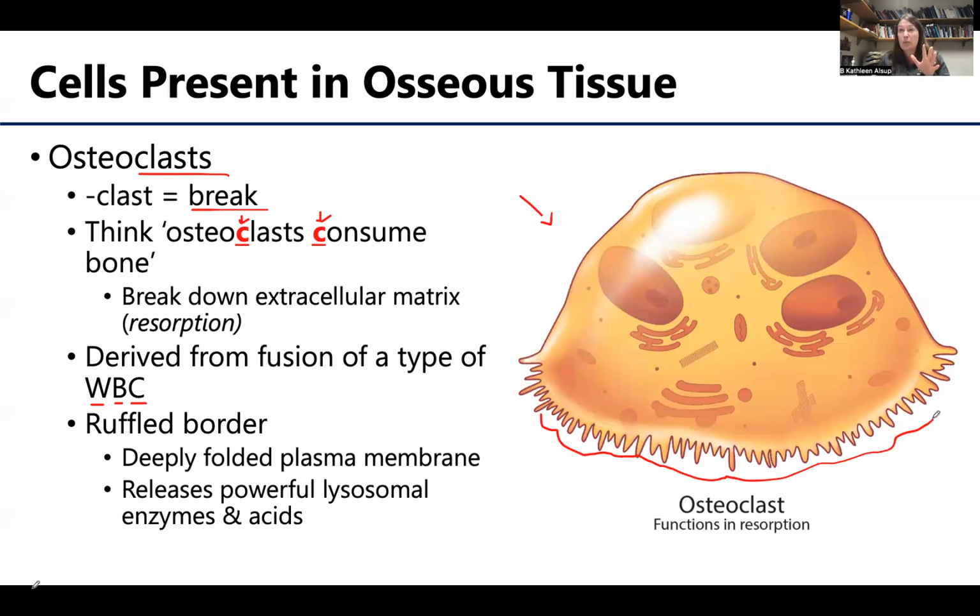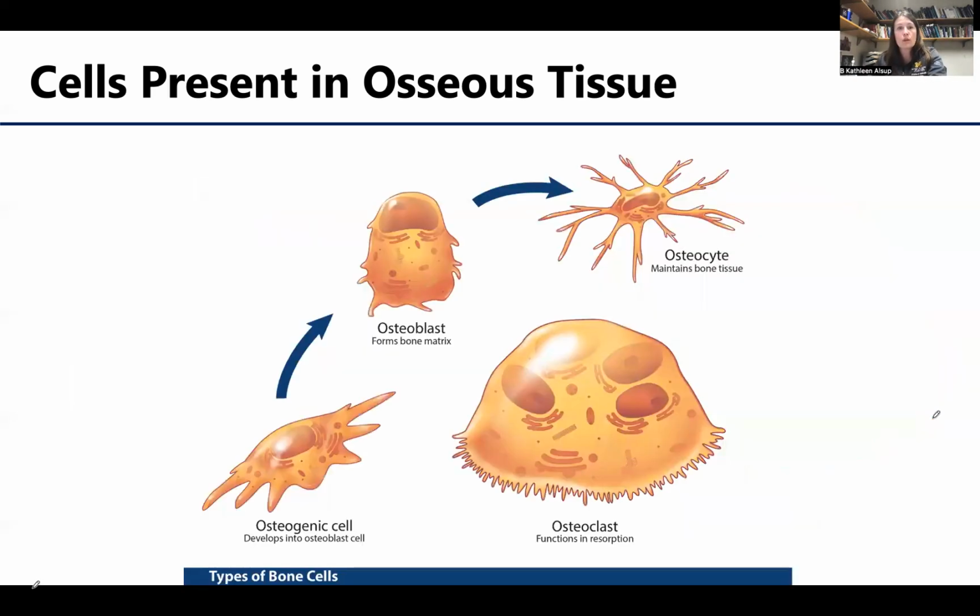It also plays a really important role in increasing blood calcium levels when needed. So blood calcium is hugely important in terms of functioning of other organs and other tissues. So sometimes you do need to increase that blood calcium level. And we'll talk a bit more about that balance between bone building and bone breakdown in an upcoming video.